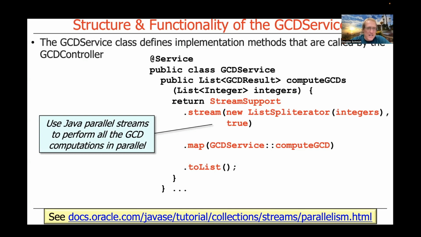I find this a little bit easier to understand because this is basically just saying, hey, make a stream of these things, and then in parallel, compute the GCD and turn it into a list. Whereas with the structured concurrency approach, if you recall, we had to first scatter everything out using the submit method, and then we got back a list of futures, which we then had to convert into a list of objects. And so I just find that to be a little bit more indirection than I would like. So your mileage may vary.